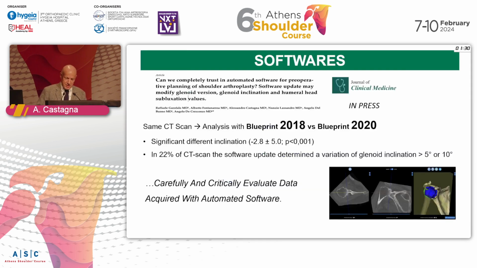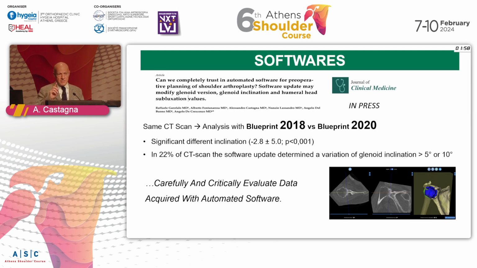And this is a paper that was published exactly last year, and they told me that it was very much read. What we did, I took my residents with the Blueprint, could be anything else, version 2018 and Blueprint 2020. And I told the residents, now you study the same shoulder and you bring me the results. And we found significantly different inclination and data.